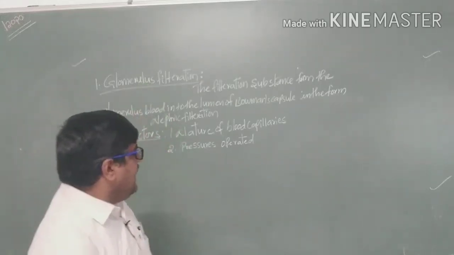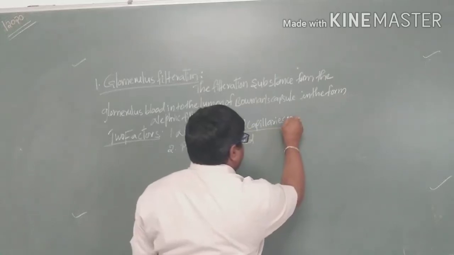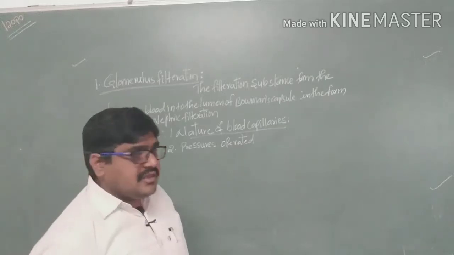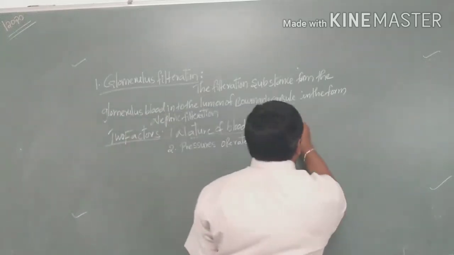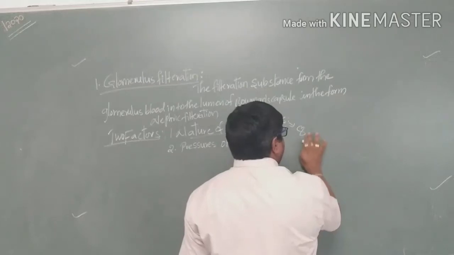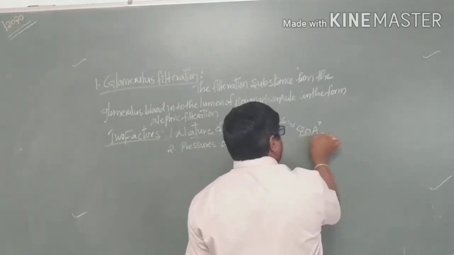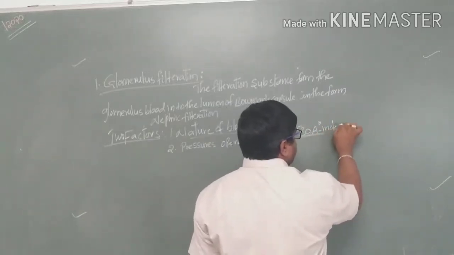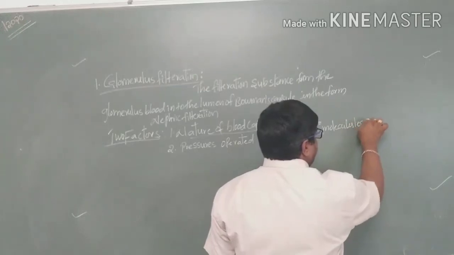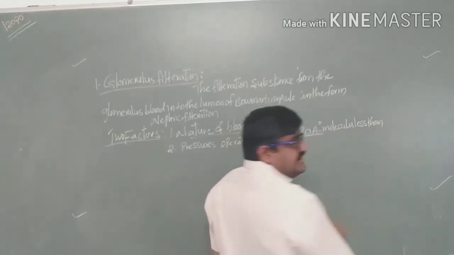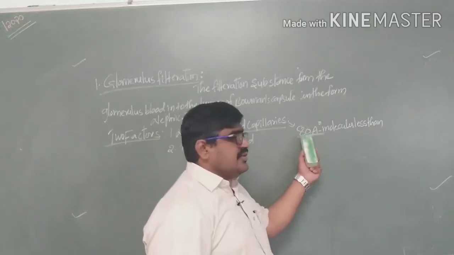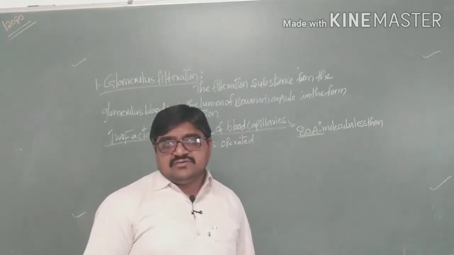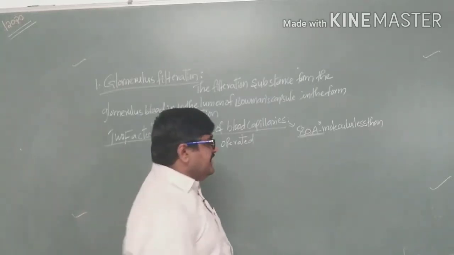The first one is the nature of the blood capillaries. Here, the glomerulus blood has molecules which are less than 80 Angstrom units, and such molecules are filtered into the lumen of Bowman's capsule.